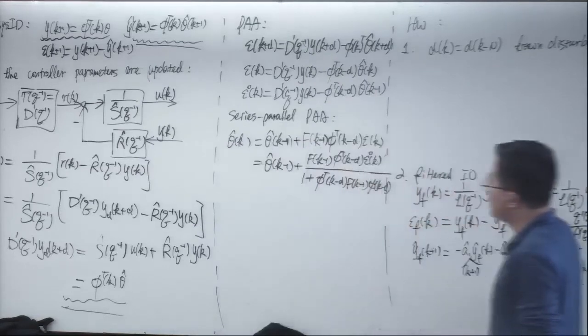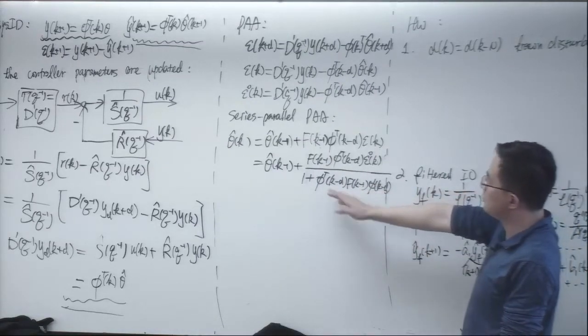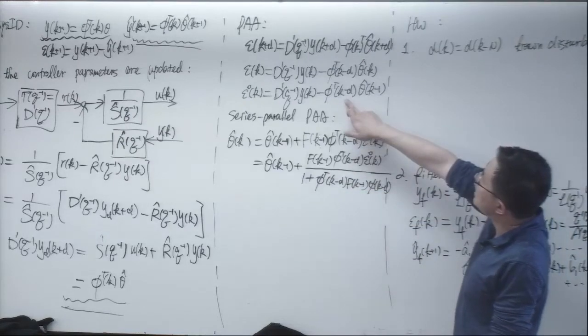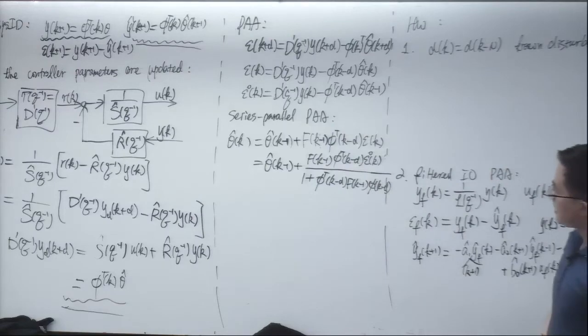All right. So the notations are slightly different from system identification because of our time index for phi, but the structure is the same.